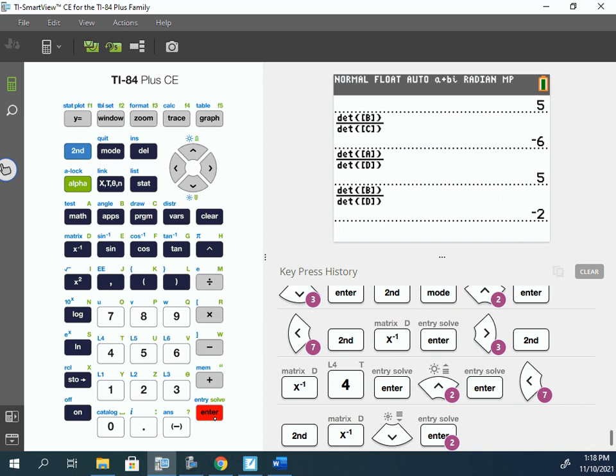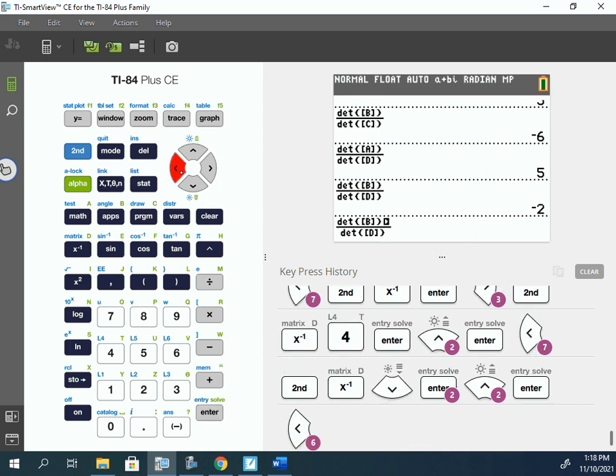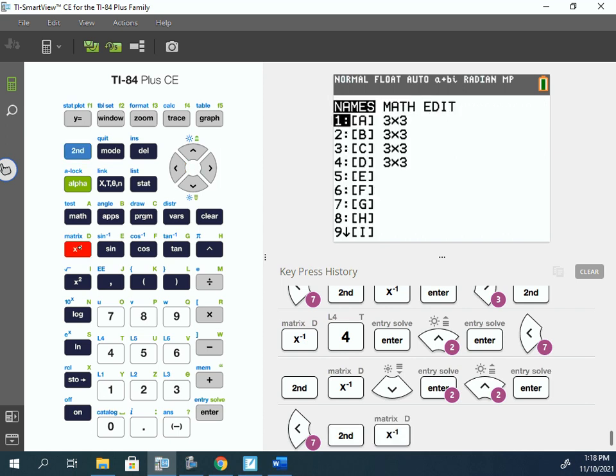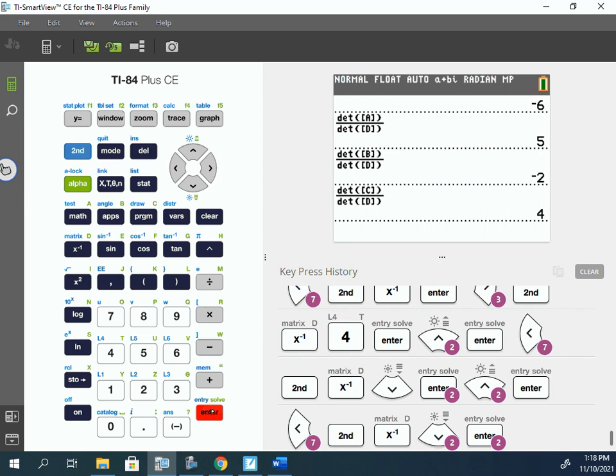Now, as y'all can already see, actually doing this on the graphing calculator, I think y'all are moving a lot faster than I could ever do with this, or at least the one on the smart board. And the last number is 4. So the solution for this here is 5, -2, 4. And that's it.